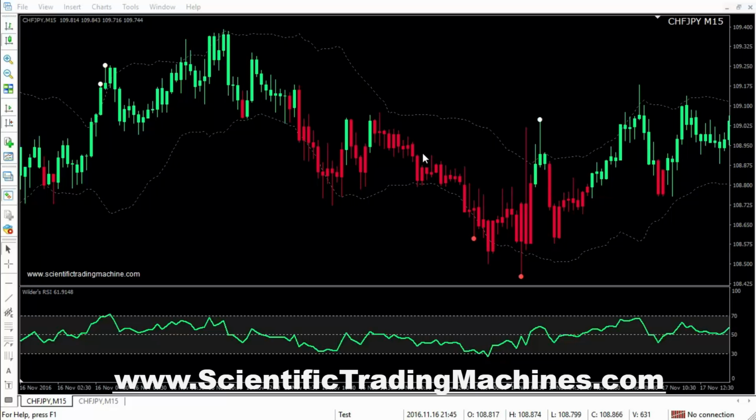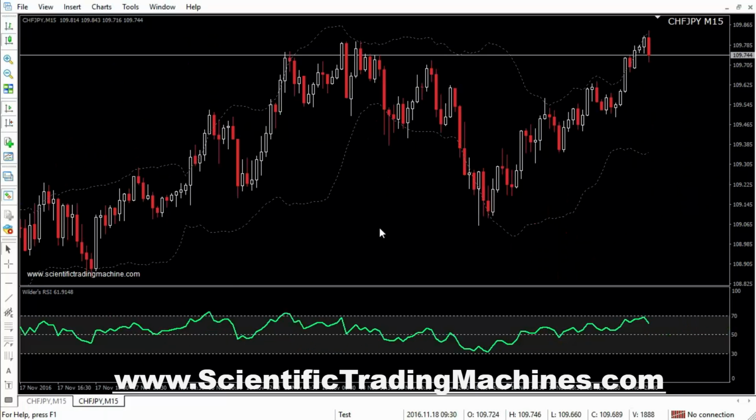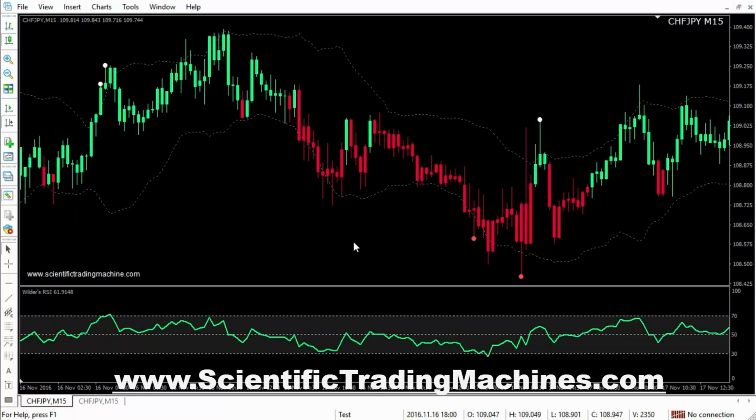Since we are not showing a regular candle like you would see here, we are using our trend tools and printing the candles based on the short-term trend. As you can see here, if the candle is down, if the candle is red, we say that the short-term trend is down, and if the candle is green like here, we say that the trend is up, at least in the short term.